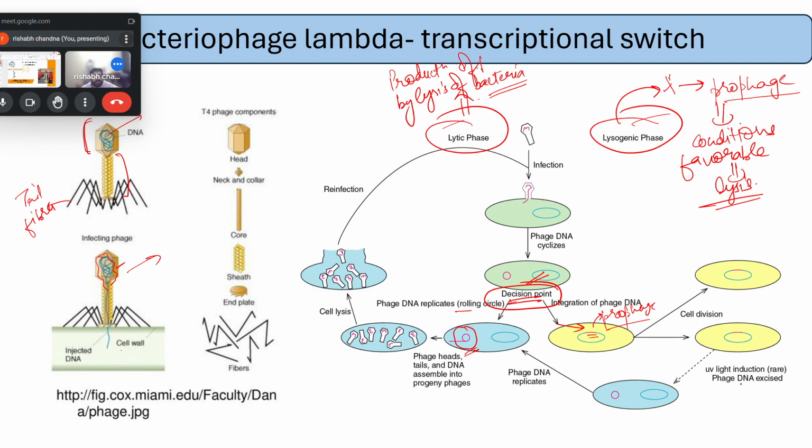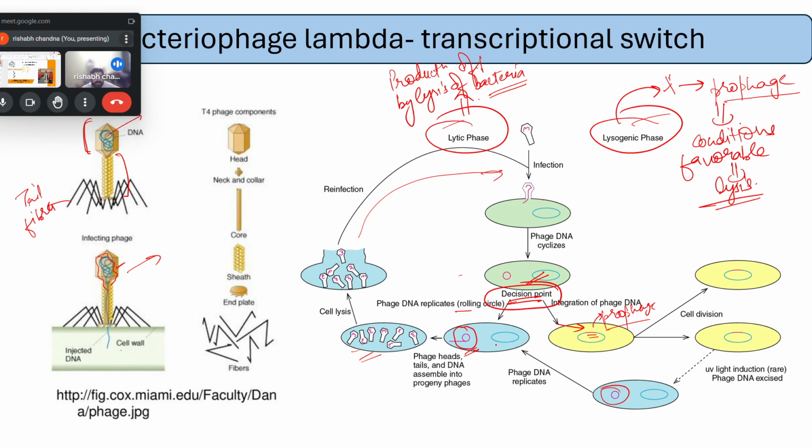Okay, when there are certain conditions, like when UV light is applied to the bacteria, then what happens? This prophage comes out of the genome and forms a circular extrachromosomal genome, where it will replicate using rolling circle replication, and then it will express the proteins, that is head, neck, and tail, and it will lead to cell lysis, and then it can reinfect other bacteria.